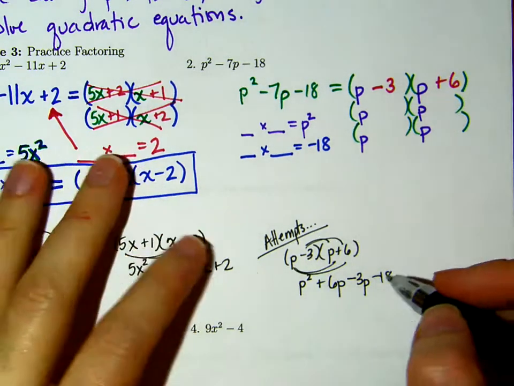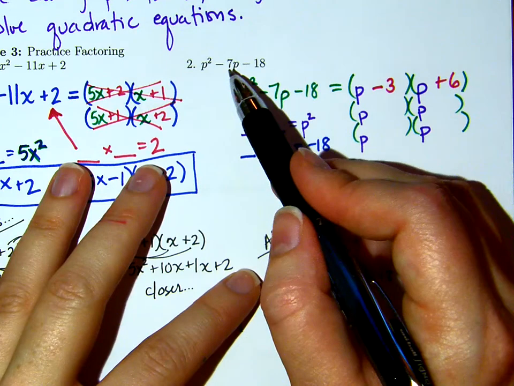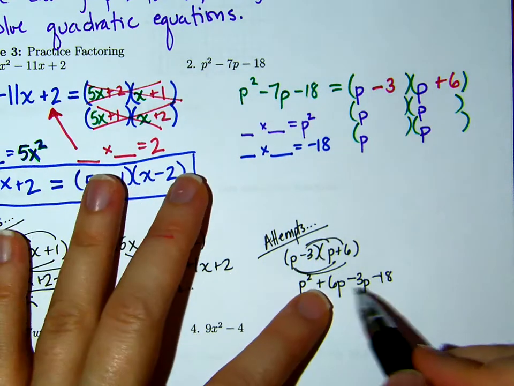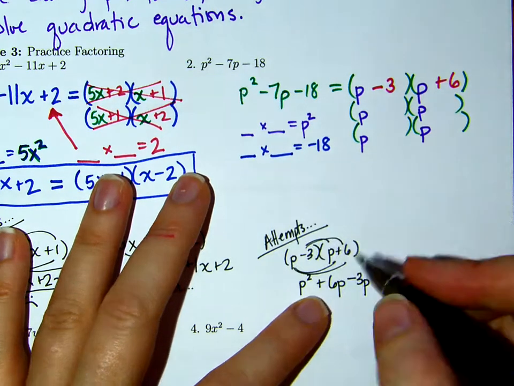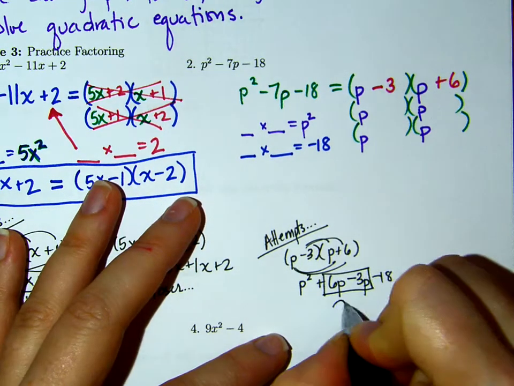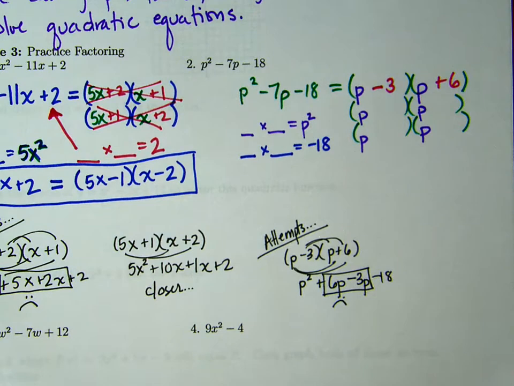I see in the middle here we have 3 p's, but we need more negatives than positive. 6 p's take away 3 p's is positive 3 p's. So this is not what we're going for. Nope.